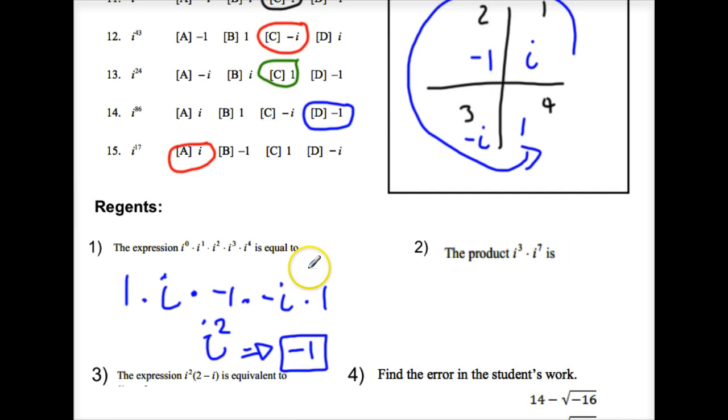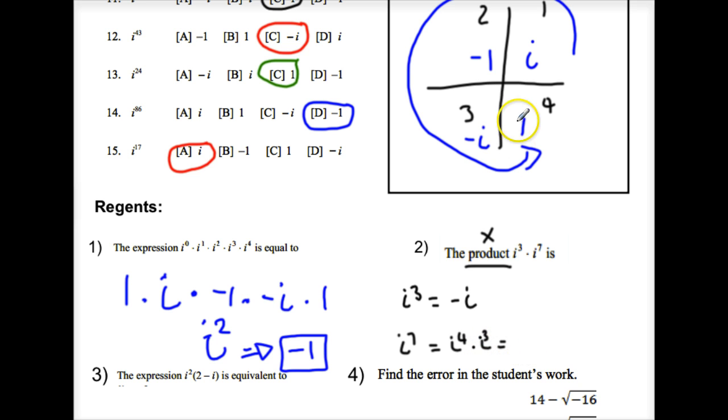Take it one step at a time. What is the product of I to the third times I to the seventh? The product means multiplication. I to the third is negative I. Now I need to find I to the seventh. I to the seventh is I to the fourth times I to the third.